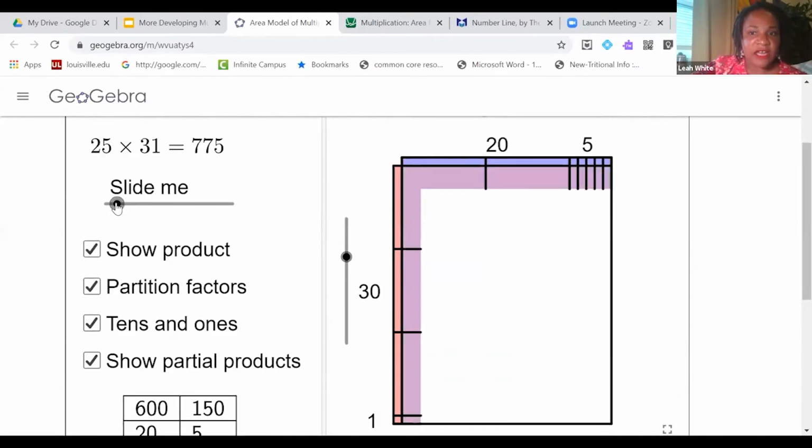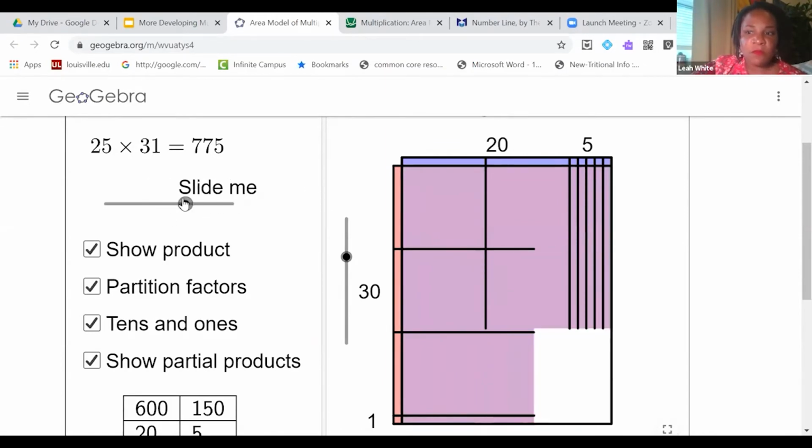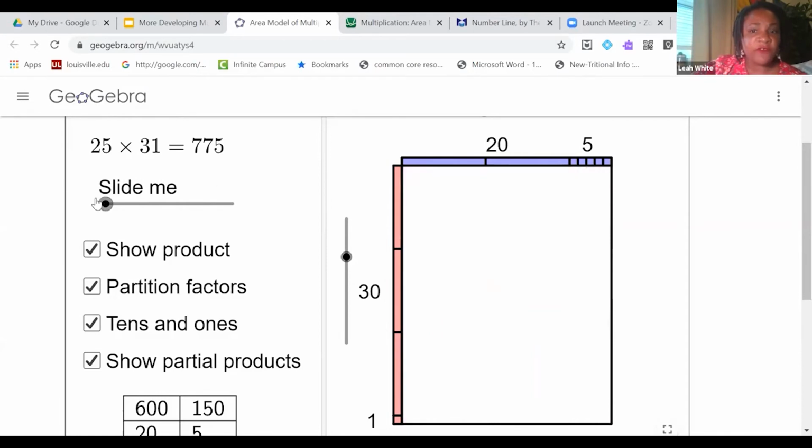So here the slider will reveal and unreveal those products. And so it's great for students who want to estimate what they think the product would be prior to actually working out and talking about different strategies in finding those products.